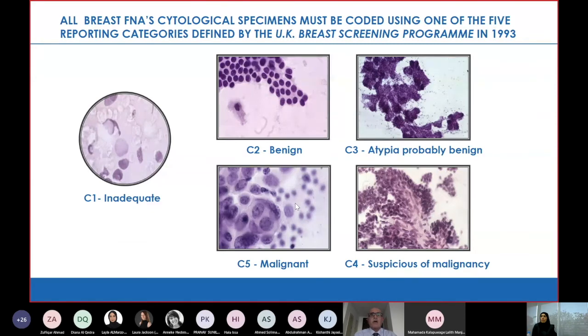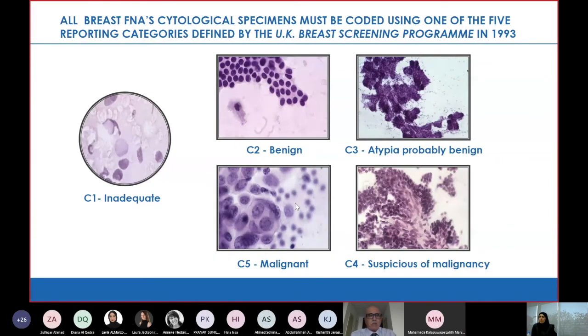The classification of cytology is still based on the British breast screening program, devised in 1993, which is still maintained. C1 is inadequate, which means that we don't have sufficient material to reach a conclusion, or there's contamination by blood, or it's simply a completely cystic lesion with no epithelial cells.